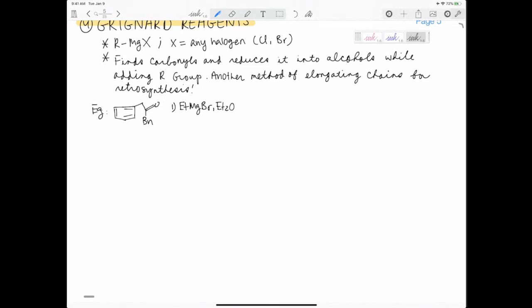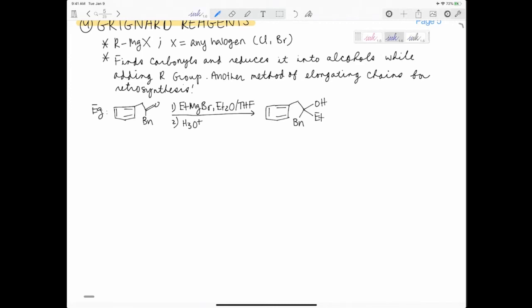You could also use it in THF. Then step 2, you need to have an acidic workup, and what you get is this product here. My benzo group is still there, but I'm adding an ethyl group while reducing my carbonyl into an alcohol.